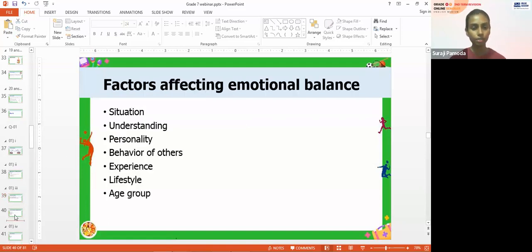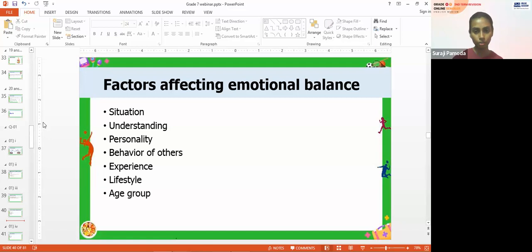Okay? So let's see what factors that affect emotional balance. Right? It can be the situation that a person is in, right? Then understanding, right? Understanding is another factor that affect emotional balance. And the personality, right? යම් කිසි පුද්ගලයෙක්ගේ පෞරුෂත්වය, right? If a person has a good personality, then he can handle emotions better, right? And then behavior of others.